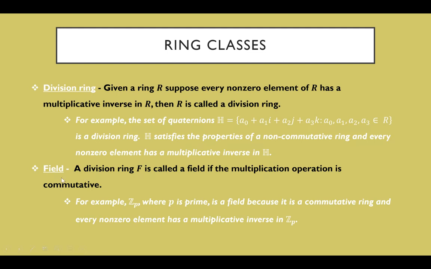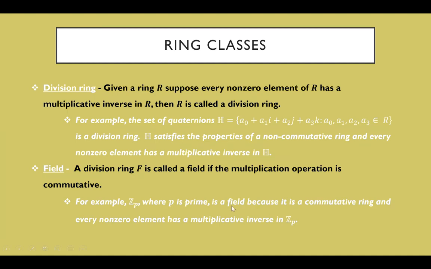A special type of division ring that is commutative is called the field. So we have the properties of the division ring that also have commutativity of multiplication. So a good example would be the integers mod p, where p is a prime number. So the elements of Z sub p clearly are a ring.